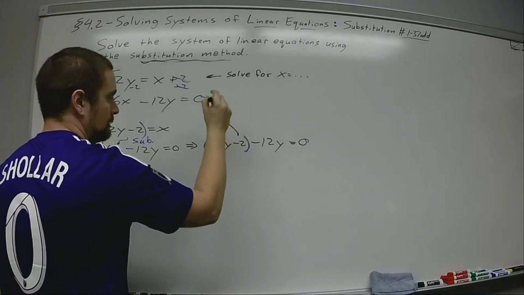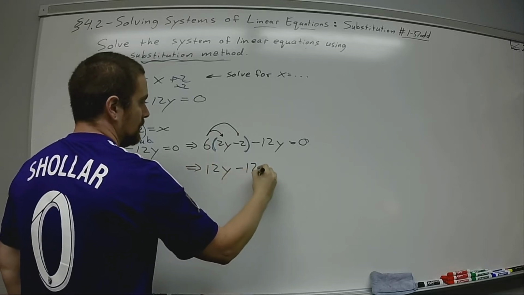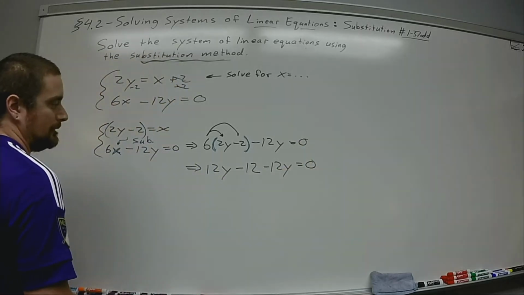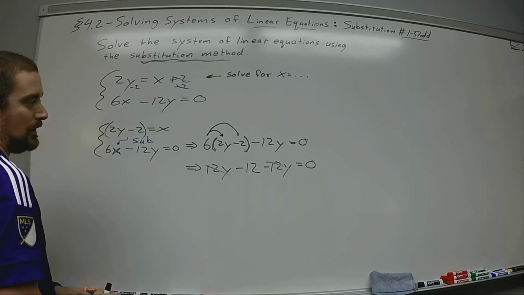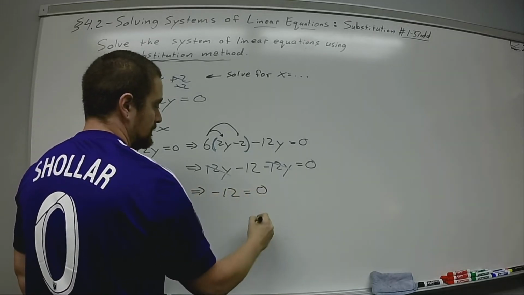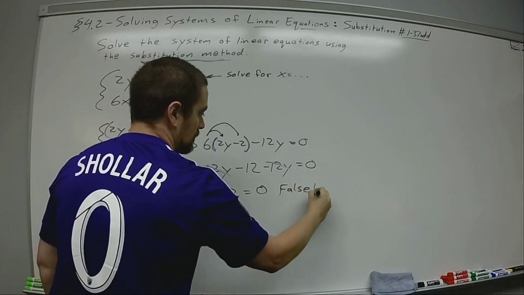Distribute to give us 12y minus 12 minus 12y equals 0. Well, now we have positive 12y and negative 12y. Those cancel out, and I get negative 12 is equal to 0. Now this is false.